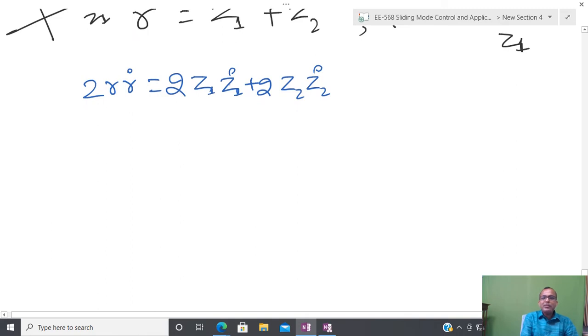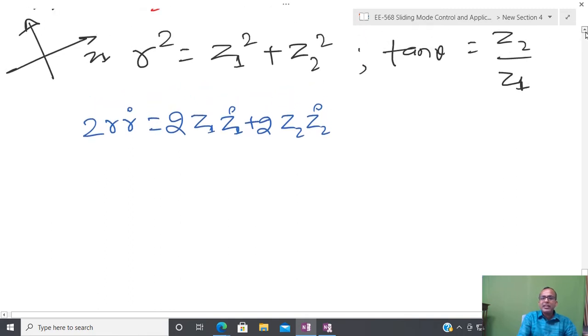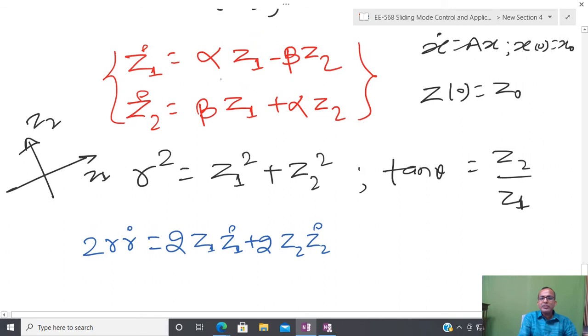Now you know what z1 dot is, so you can substitute z1 dot from here. The 2 and 2 are going to cancel from both sides. Z1 dot equal to alpha z1 minus beta z2, so I have alpha z1 square minus beta z1 z2, and after that if you substitute z2 dot, then I have beta z1 z2 and here minus beta z1 z2, so that is going to cancel out, and after that I have alpha z2 square.